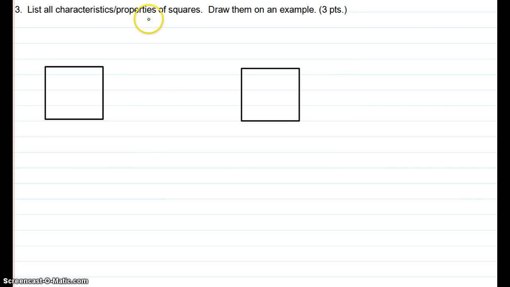Now for a square, I want to still remember that a square is going to have the same properties as a parallelogram. And the same as a rectangle.